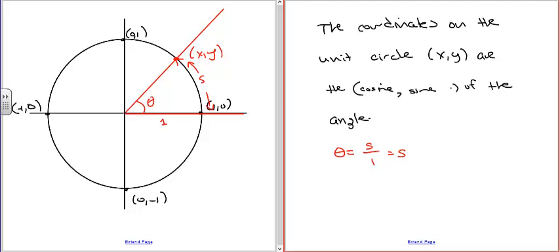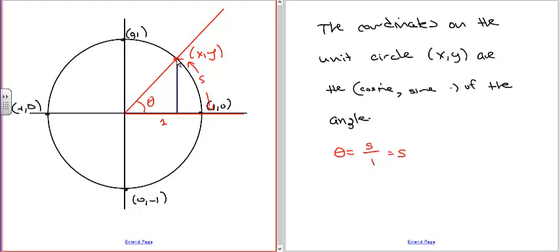Now another way you can look at this unit circle is to create a right triangle like that. And this distance here is the x coordinate, and this distance here is the y coordinate, and this distance is 1 because it's a unit circle.